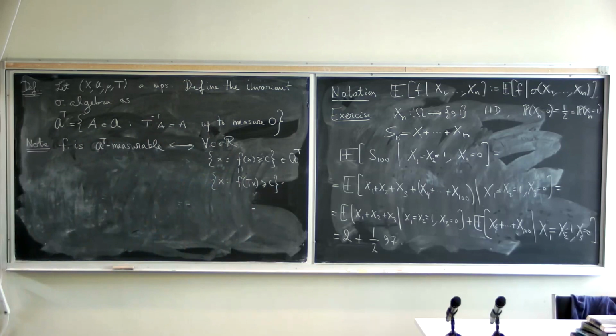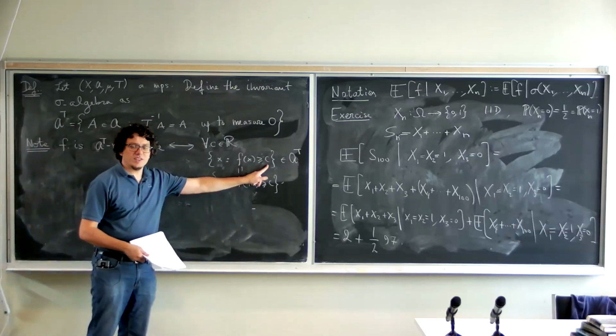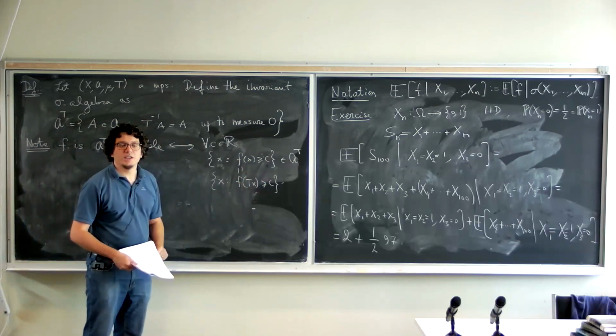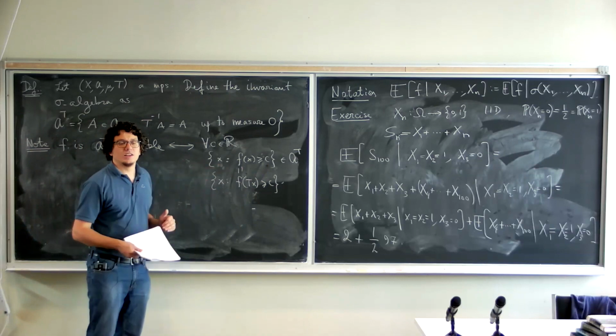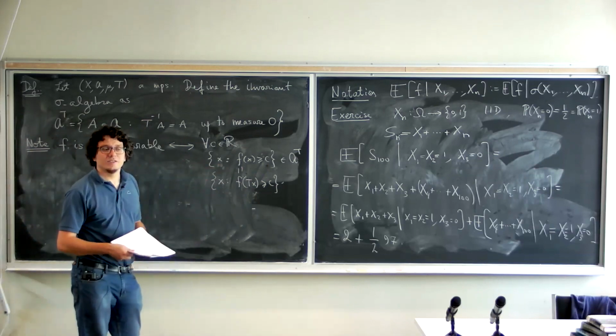So what can we conclude from this? So you see, you have a function such that the sublevel sets or superlevel sets are invariant under T for every level. So f has to be invariant, right?